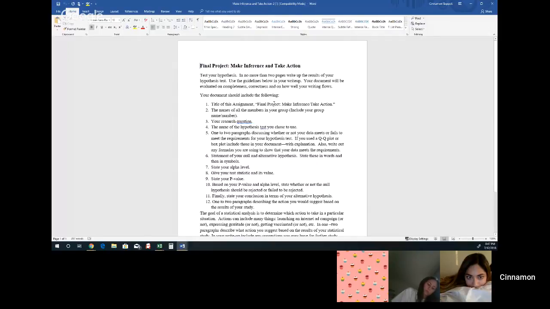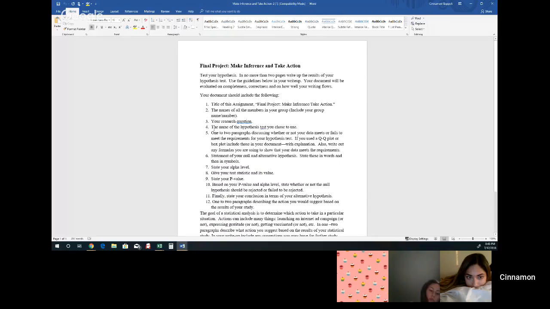We're going to title this final project Make Inference Take Action. We'll put all our names in there. We state our research question, which is, is the price of bread different online depending on the location? So it's going to be a not equal to. The name of the hypothesis test you choose to use, which initially we said the independent t-score.